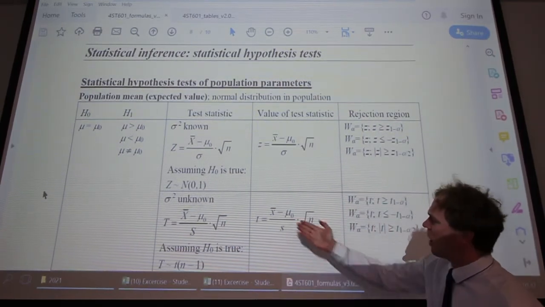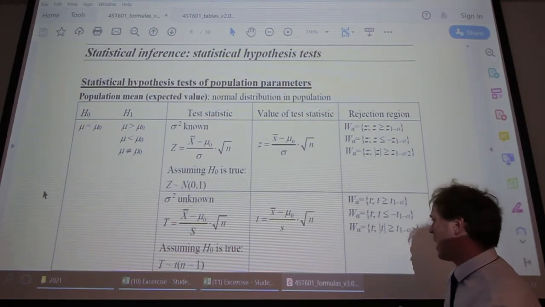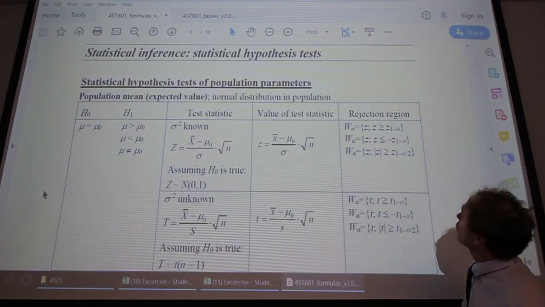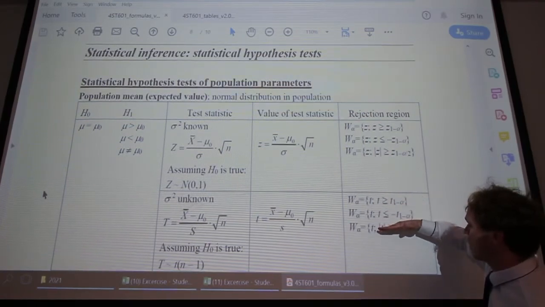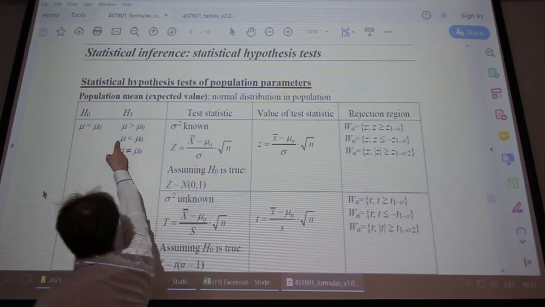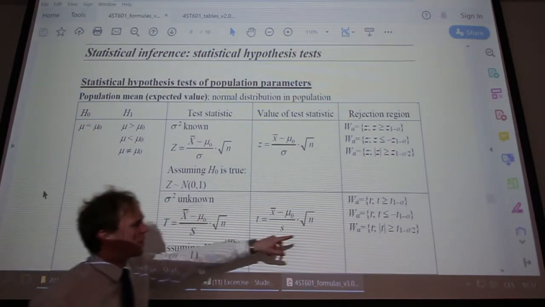So we calculated the value of the test statistic, and there you can find three rejection regions. You can see first one, second one, third one, for the first alternative hypothesis, second alternative hypothesis, and the third alternative hypothesis.